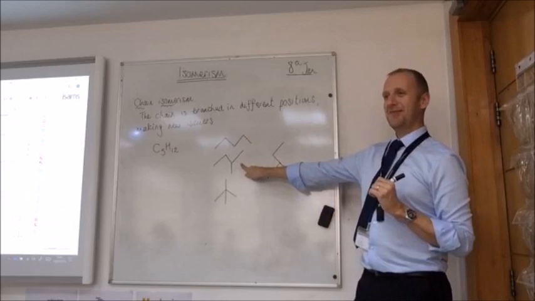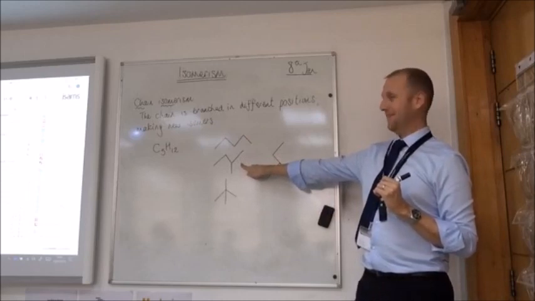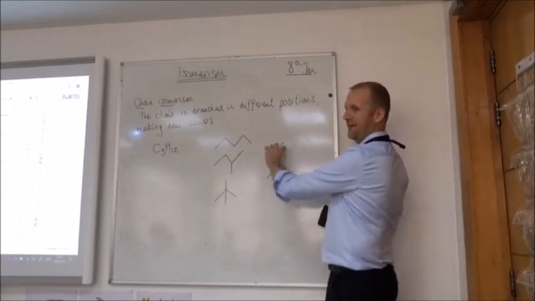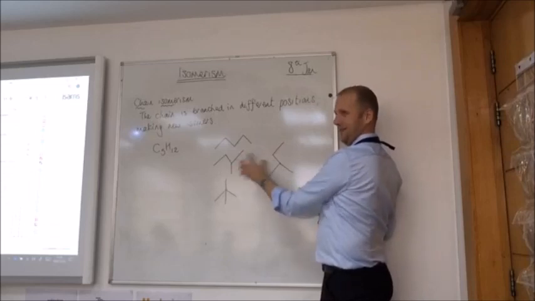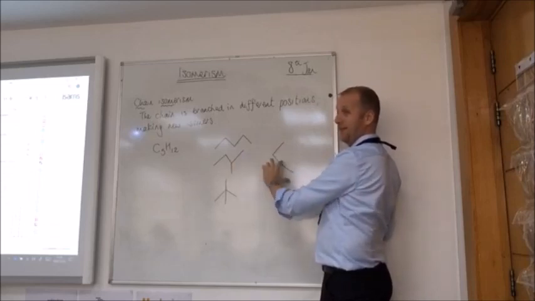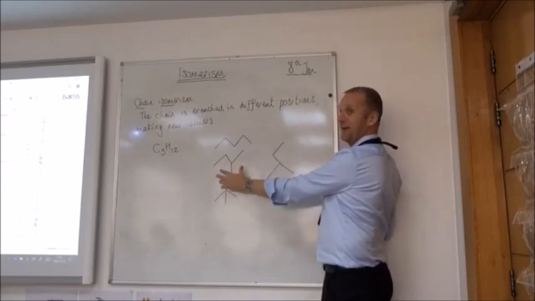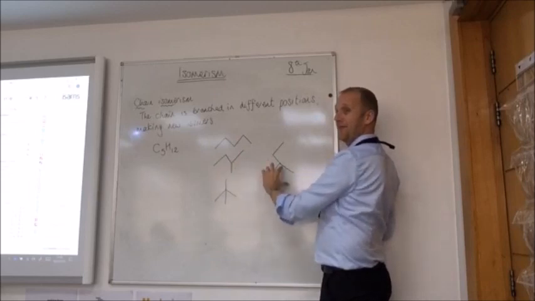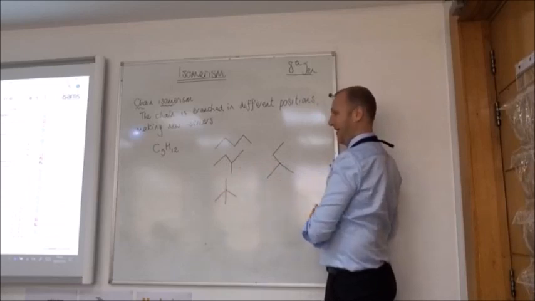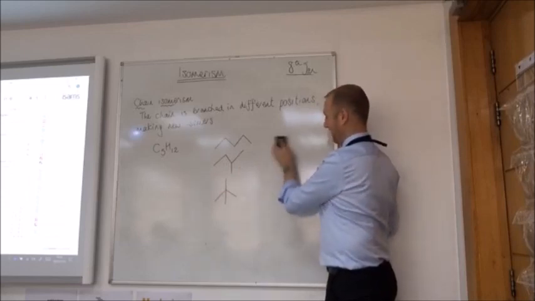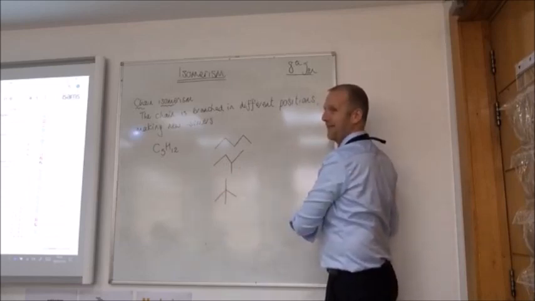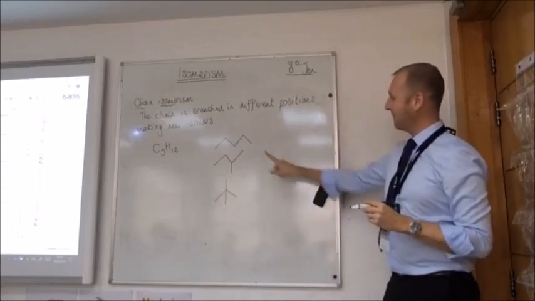It's exactly the same as this. Even if I just rotate that around a little bit, you might see that those fit over there. All I need to do is just change the angles of the lines a little bit, and it would fit over it. So you've got to be really careful that they are actually isomers of each other. Thank you very much for pointing that one out. That is a great teaching point.